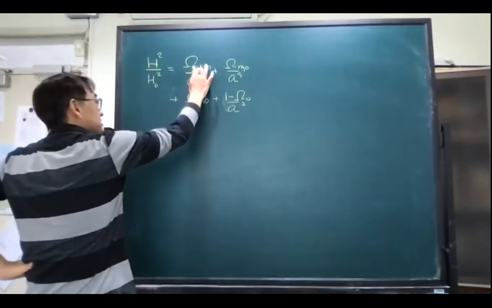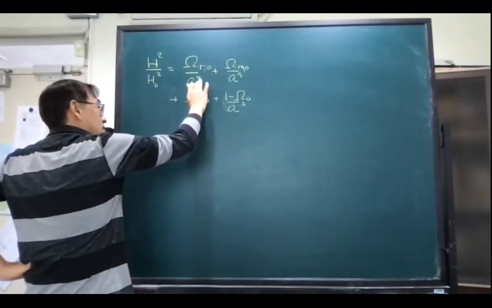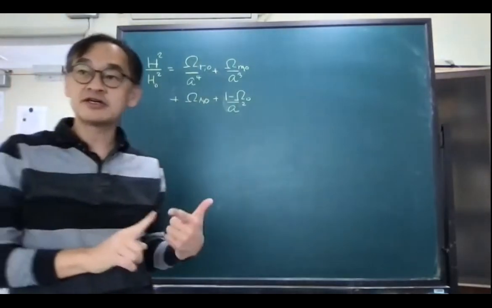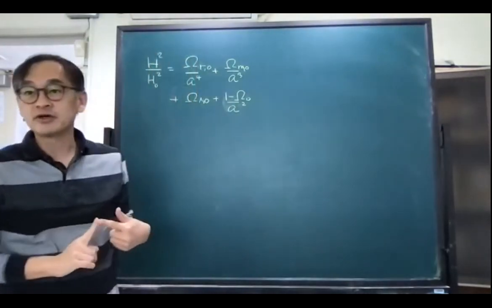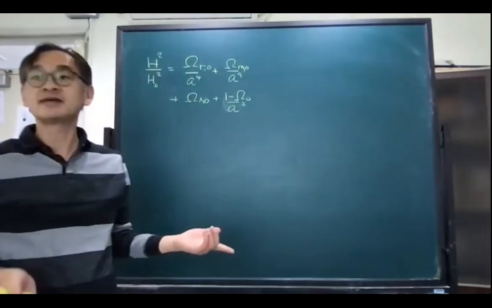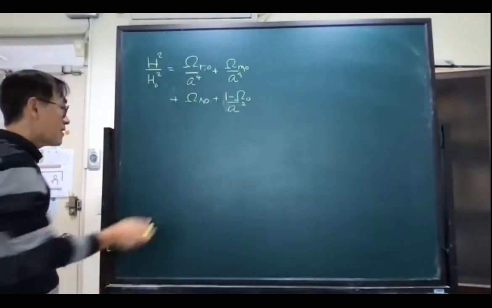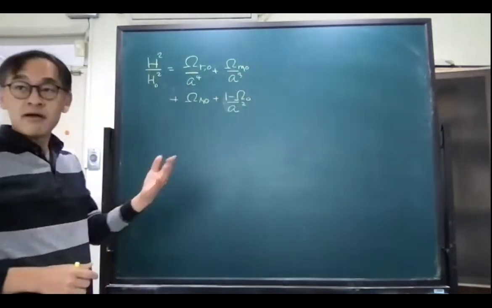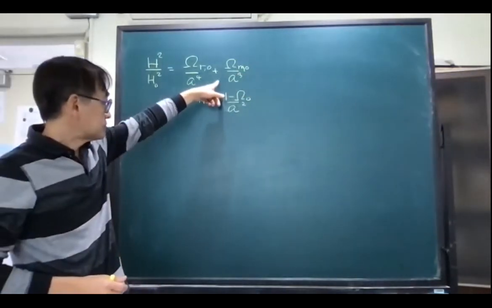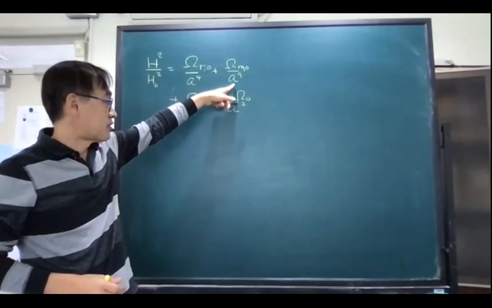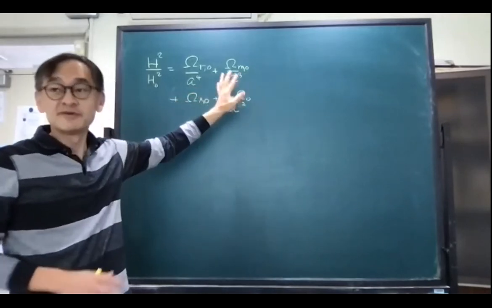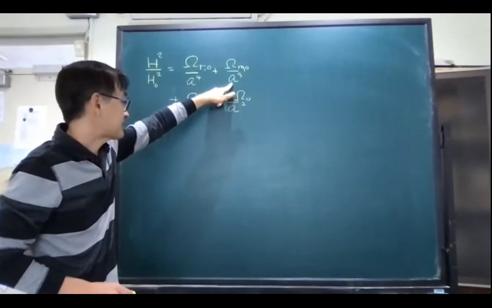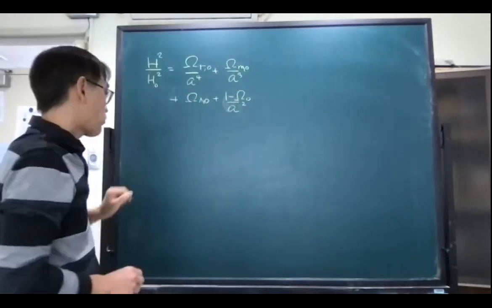And radiation is a to the power of 4 because of the extra degree of freedom that photons, or radiation in general, have. Matter, non-relativistic matter, is just inversely proportional to the volume. So I have a to the power of 3.